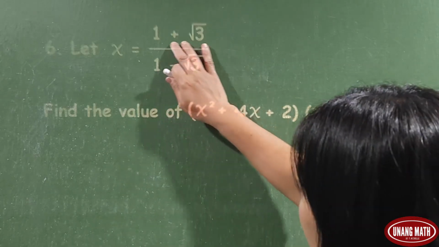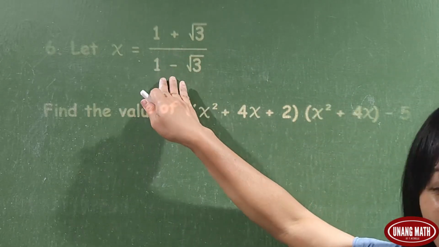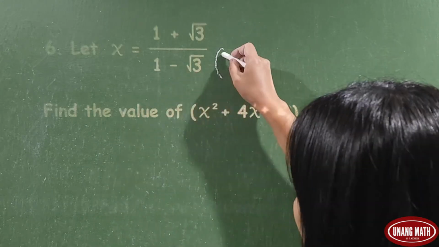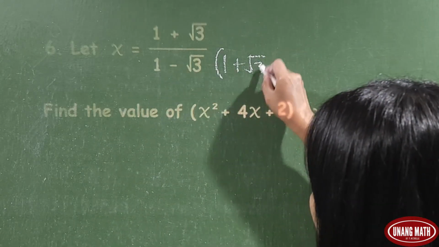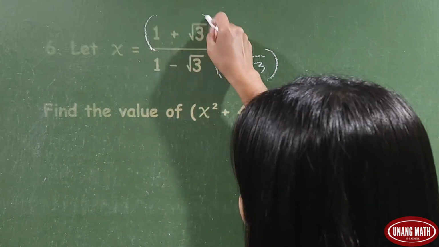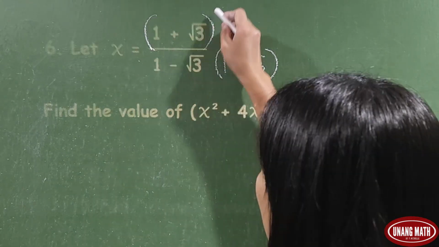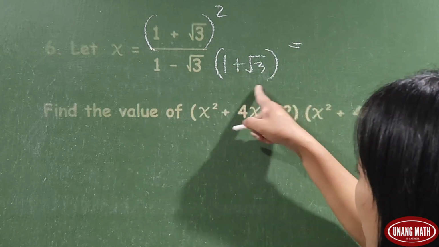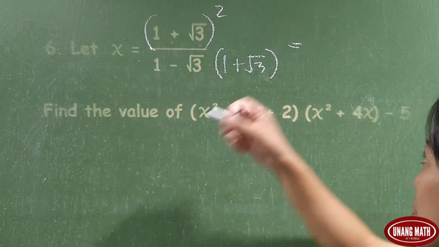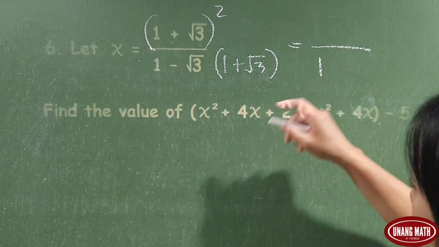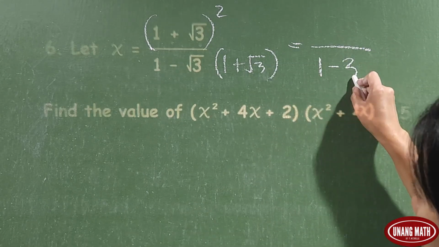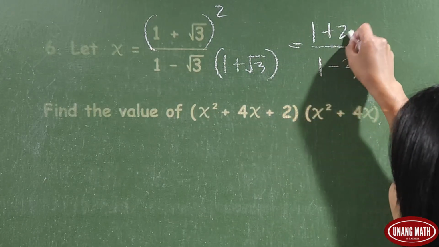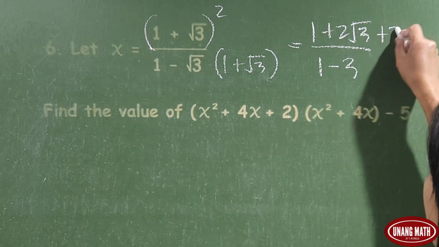What we can do here is rationalize the denominator first. So this is then times 1 plus the square root of 3. The numerator will now become (1 plus square root of 3) raised to the power of 2. For the denominator, this is difference of squares, so it will be equal to 1 minus 3. For the numerator, we have 1 plus 2 square root of 3 plus 3.